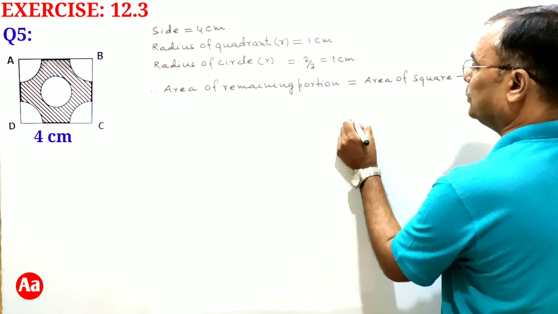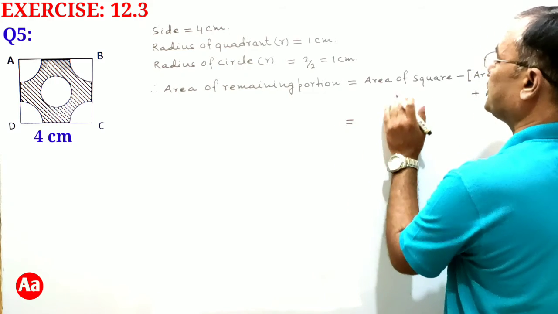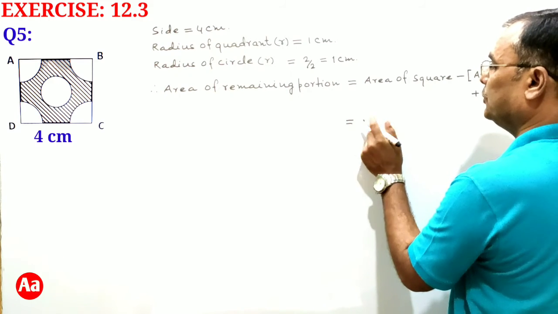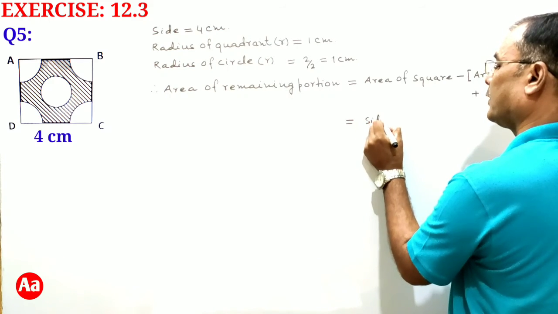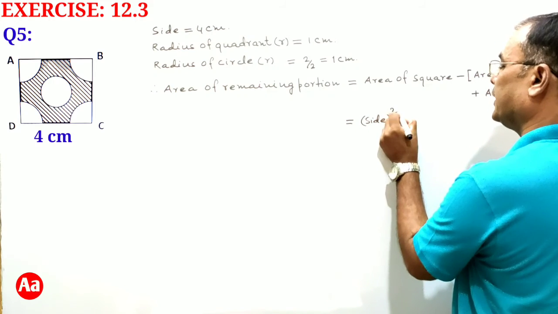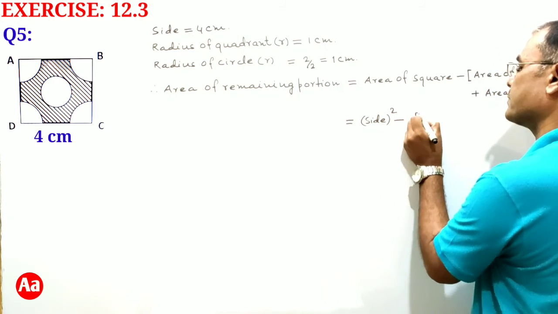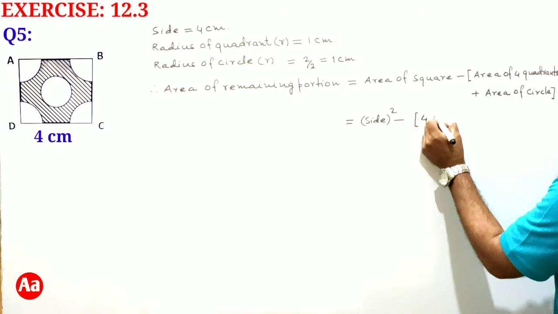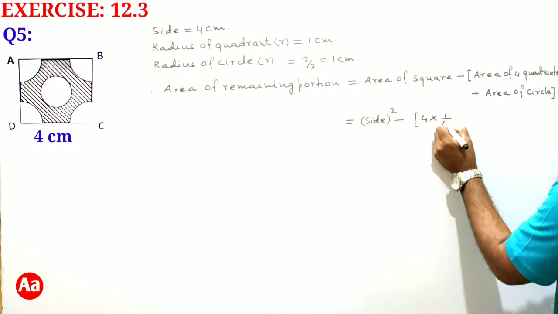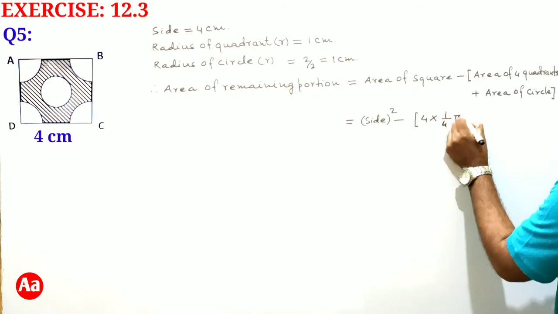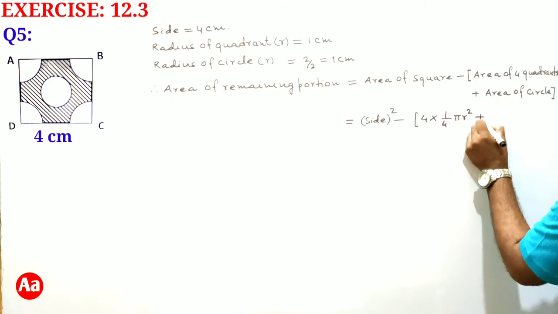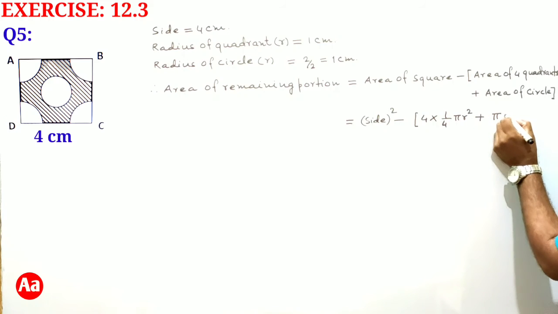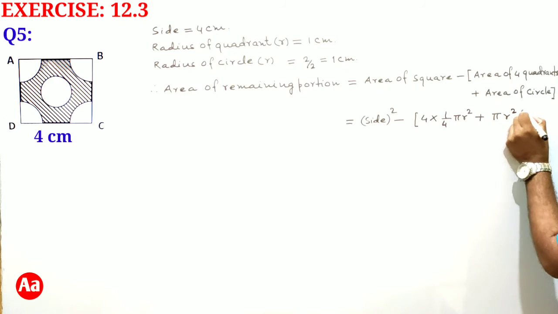This is equal to area of square, the formula we can use is side square, minus area of 4 quadrants. So 4 into area of 1 quadrant, 1 by 4 pi r square, plus area of the circle cut from the middle of the square, pi r square.